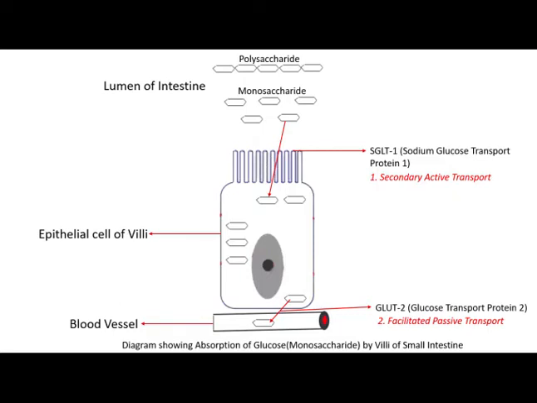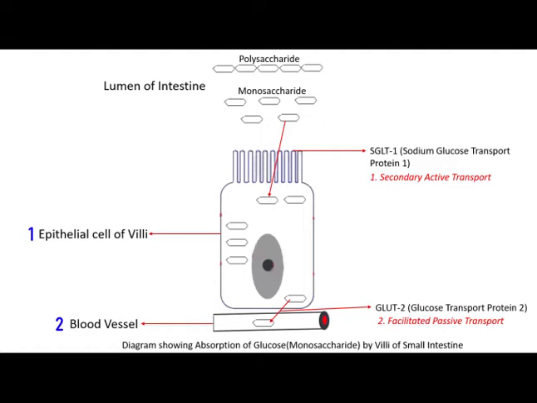As you can see in the diagram, number 1 and number 2 have been shown. Number 1 is the epithelial cell and number 2 is the blood capillary. So now how will glucose be transferred from epithelial cell to blood capillary? Well, this will also happen with the help of a transport protein, but here there will be no expenditure of energy because here it is happening along the concentration gradient.